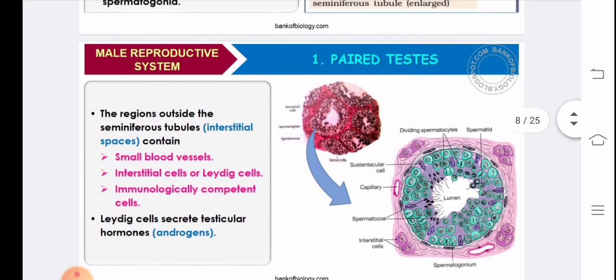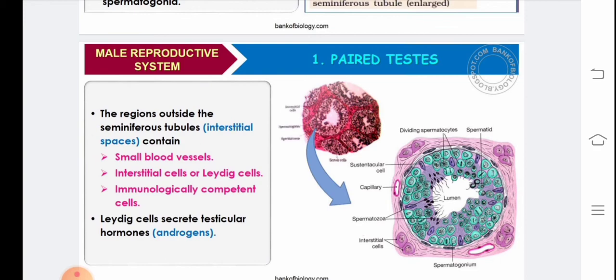Okay. So next is the region, you can see in this picture, the region which is outside the seminiferous tubule, which is called as interstitial space. So interstitial space consists of a specialized cell called as interstitial cells, or it is also called as Leydig cells.